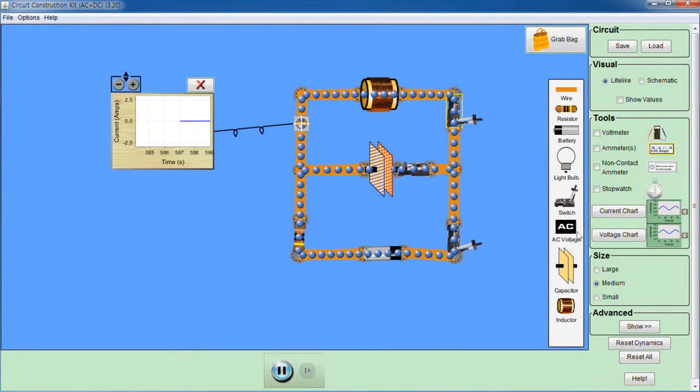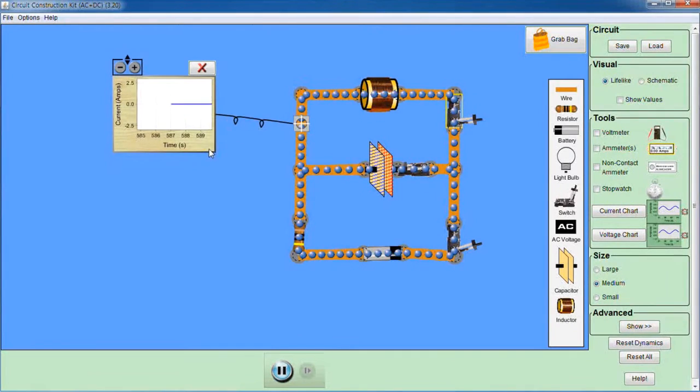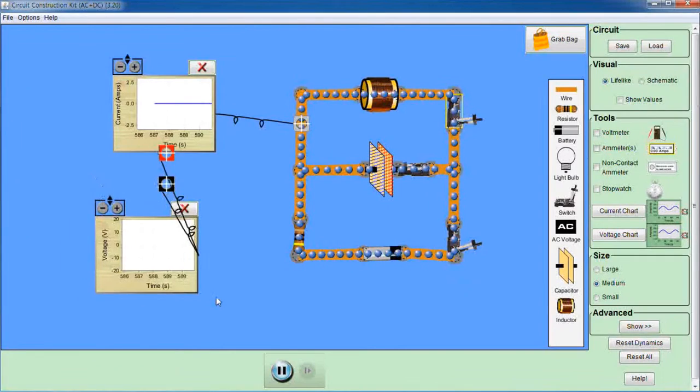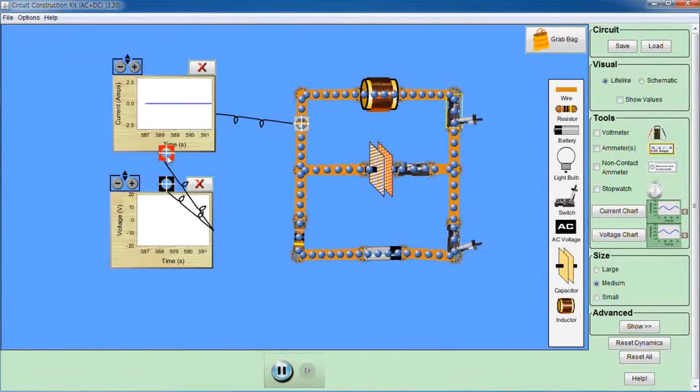And we also have this voltage chart. The voltage chart has 2 electrodes, so you can check the potential difference across certain 2 ends. I will put it over here, and this one here, and it will show the potential difference across this capacitor, right?